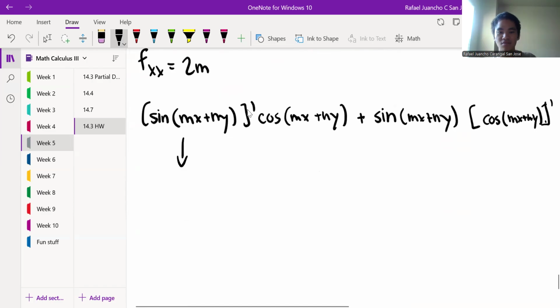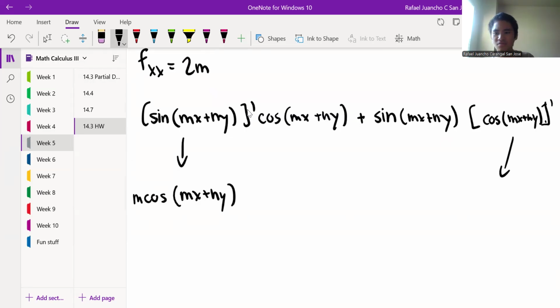And then from there, okay, let's take the derivative of this. So this is cosine. This is mx plus ny. Chain rule, so I do m here. M cosine. What's this? This is sine. I do a chain rule, so I do m.